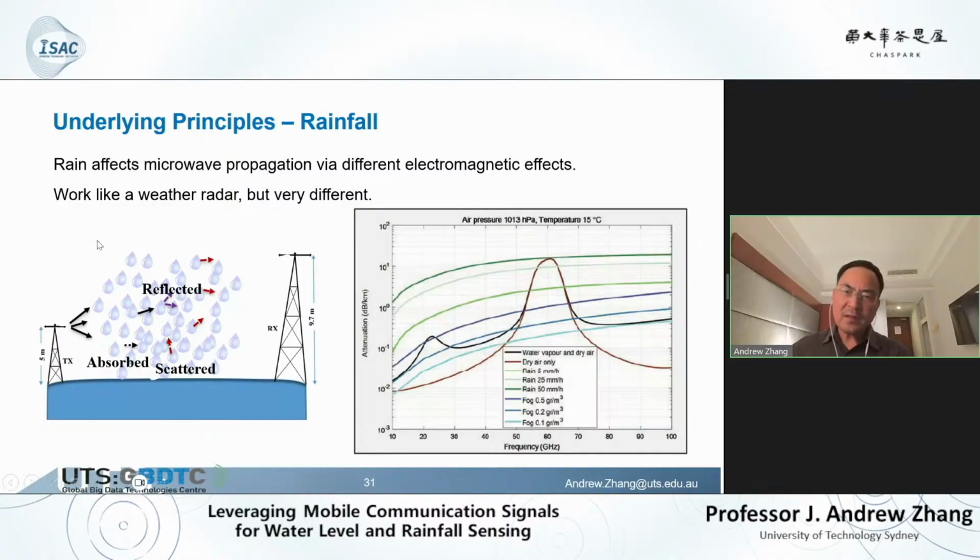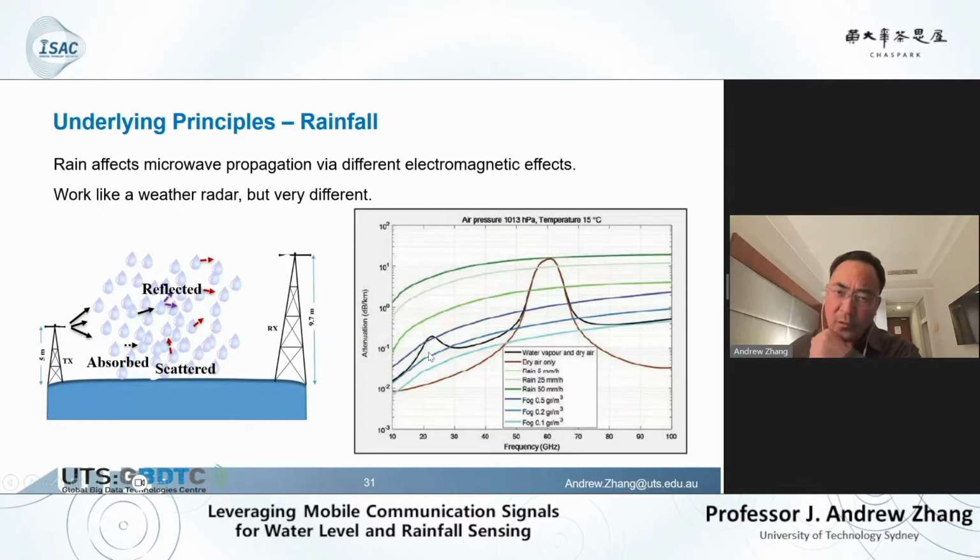But if we look at this plot here, this figure shows how the signal propagation attenuation changes with different carrier frequencies for different rainfall intensity.